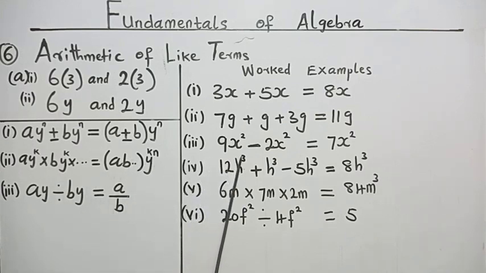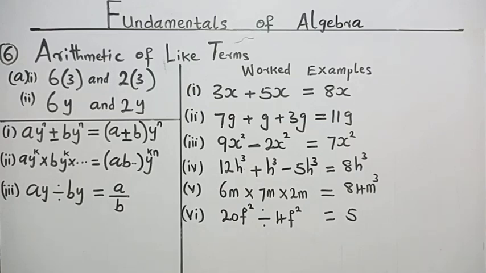The next example is this number 4. This is 12h to the power 3 plus h to the power 3 minus 5h to the power 3. Are they like terms? Surely. Why? These are 3 terms, and all the constants in the terms quantify the same thing. What are the constants? They are 12, 1, and minus 5.